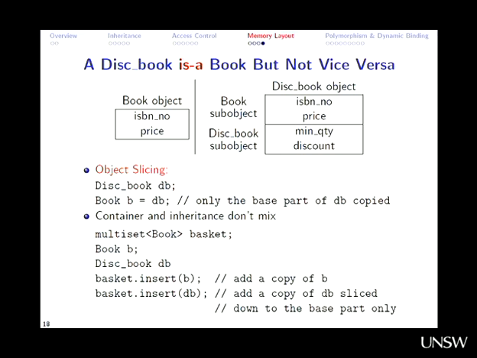It's a legal command. It copies in, it's fine. Only because it's copied into a container that's doing books, we get slicing of the object. And because of slicing, we've lost that minimum quantity and a discount. Okay, so this is the object slicing problem. And it is a problem because we lose information and we're not aware that we're losing that information.